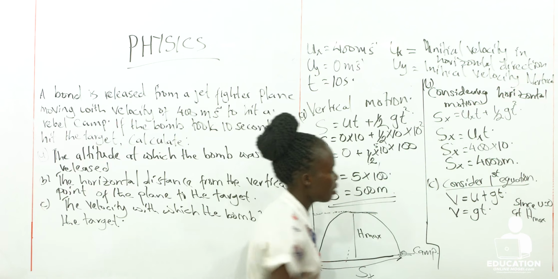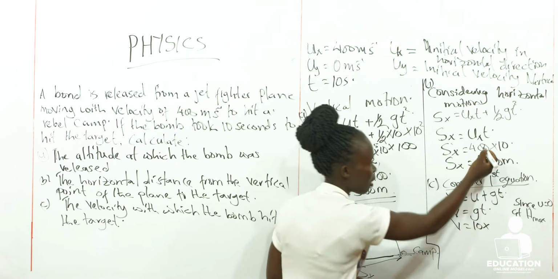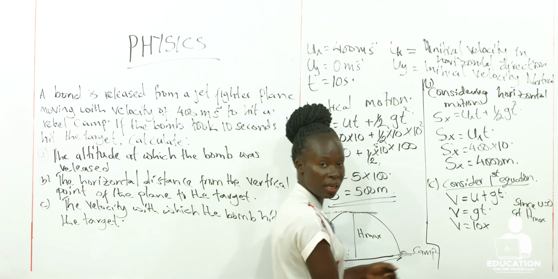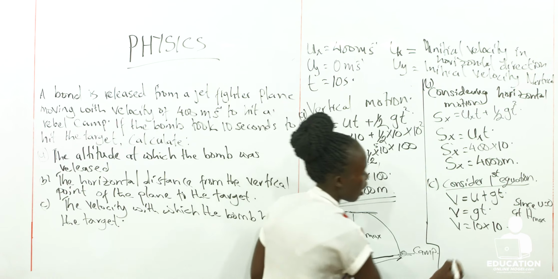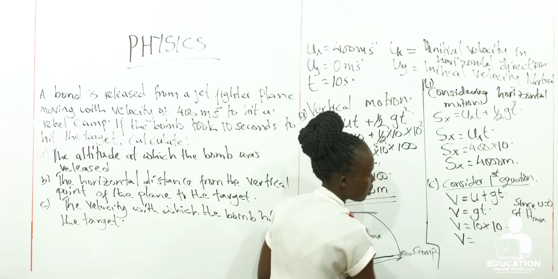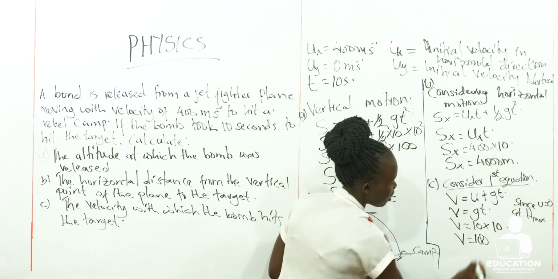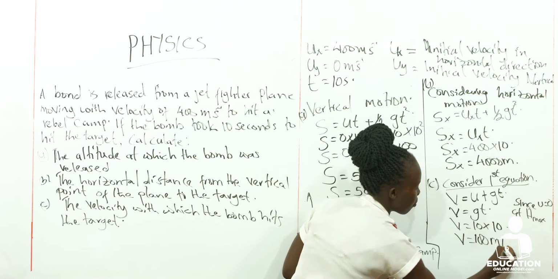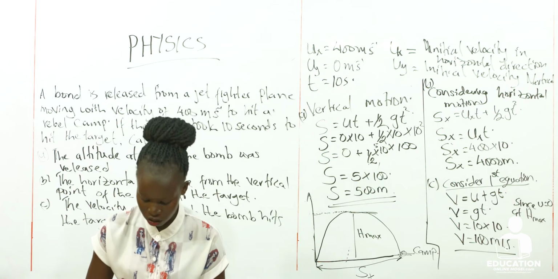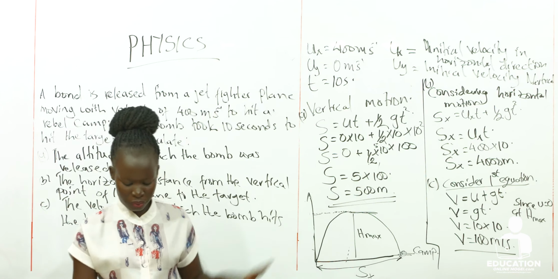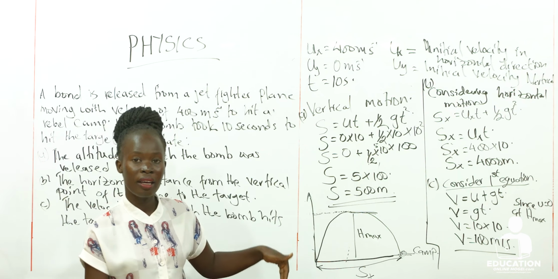So we shall have our V is equals to the value of G, which is 10, times the time taken for the bomb to reach the camp, which is also 10. So what shall we have? We shall have our V is equals to 100 meters per second, meaning that our bomb was moving with a speed of 100 meters per second to hit the camp.